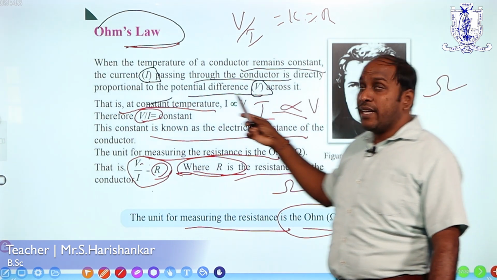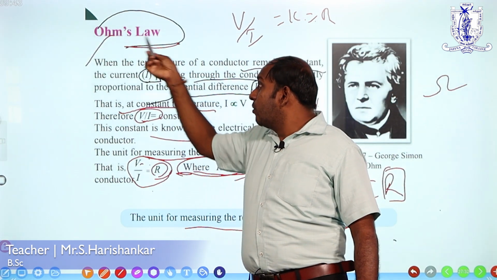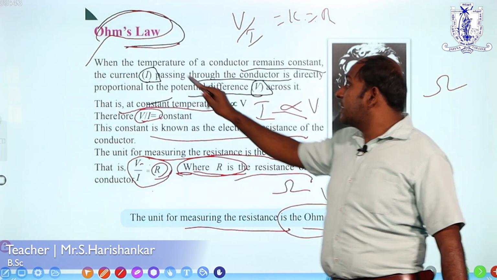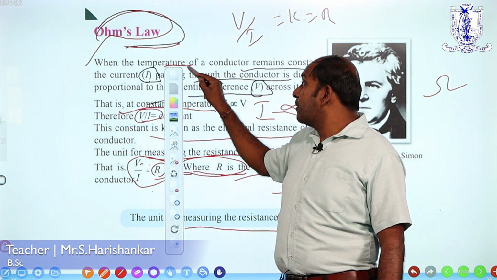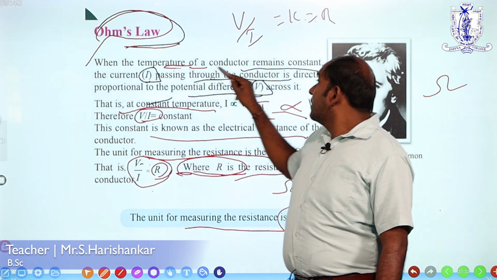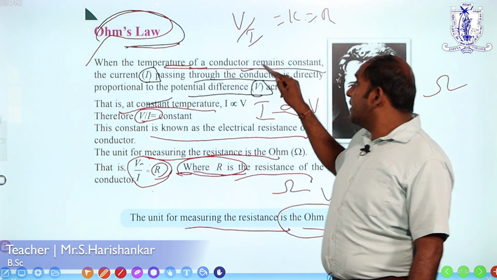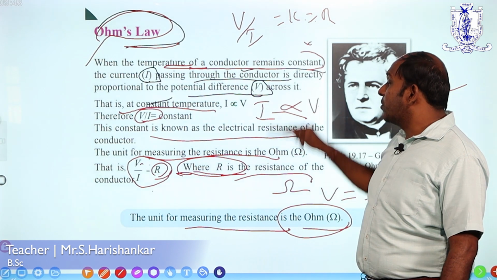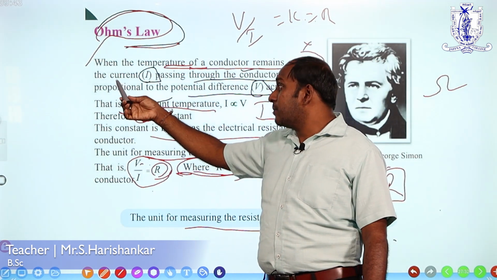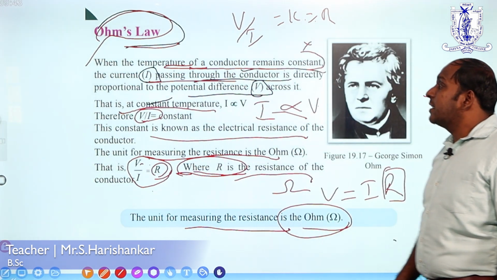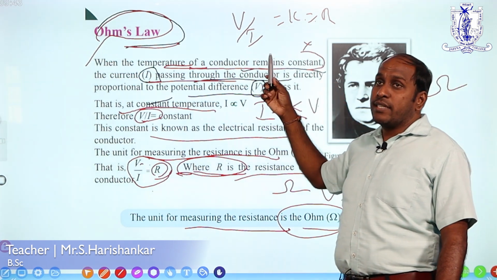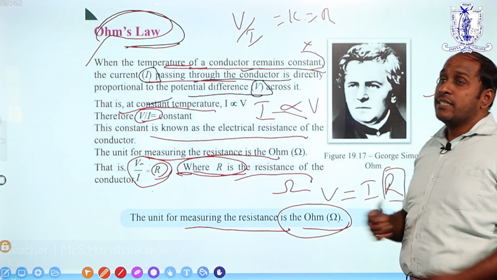Ohm's law, again, let me repeat. When the temperature is constant, an important thing, the temperature of the conductor remains constant. This term is important. It is mentioned in the definition. The temperature must be constant, because the resistance also depends on the temperature.